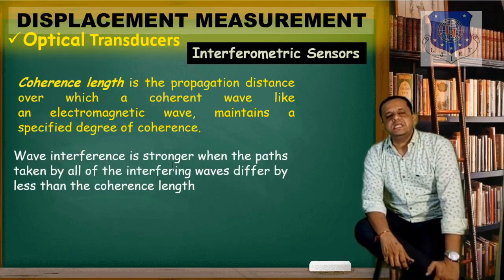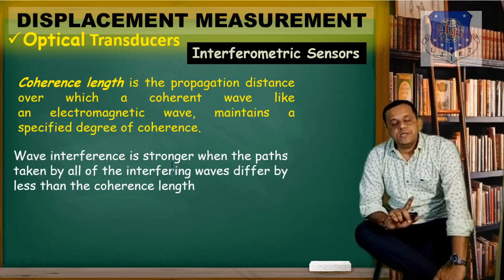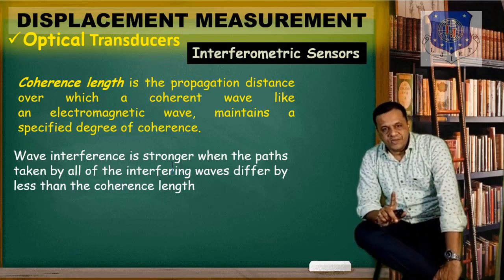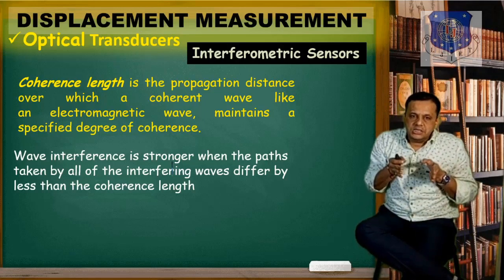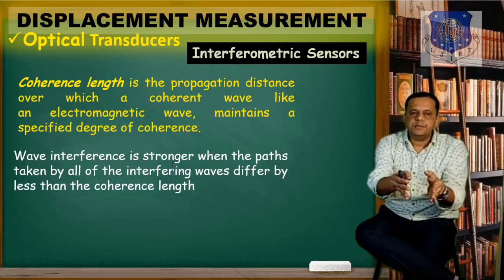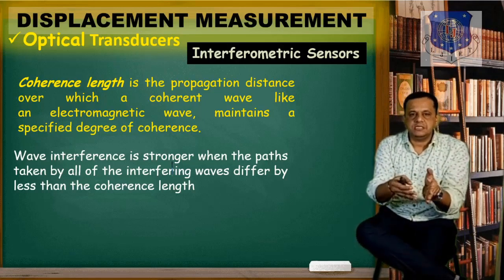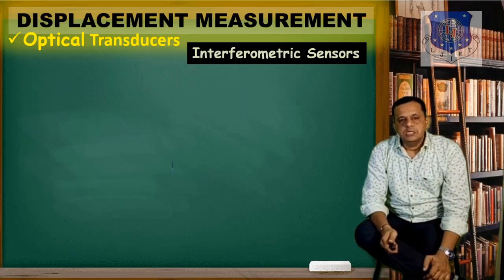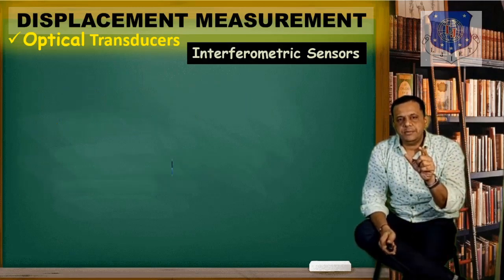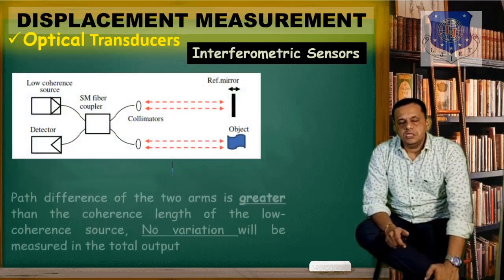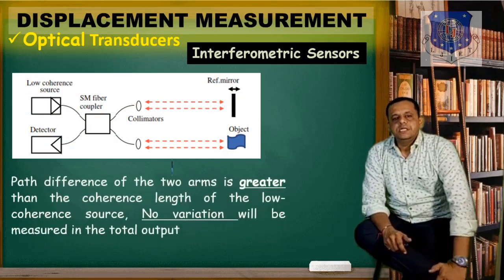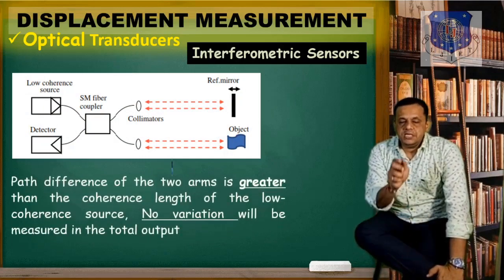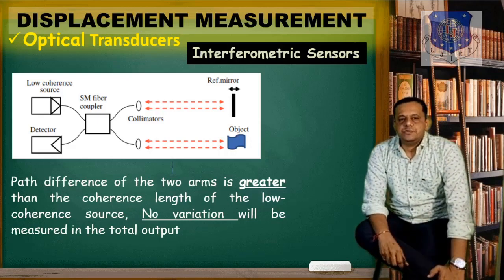Wave interference is stronger when the paths taken by all the interfering waves differ by less than the coherence length. So by using this fundamental technique, we will be measuring the displacement, or basically monitoring the change in the displacement.